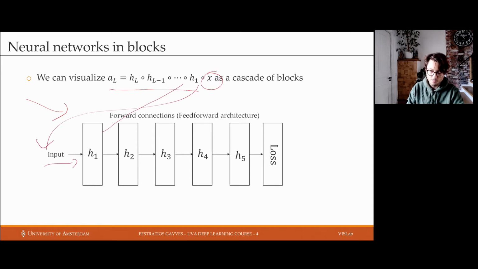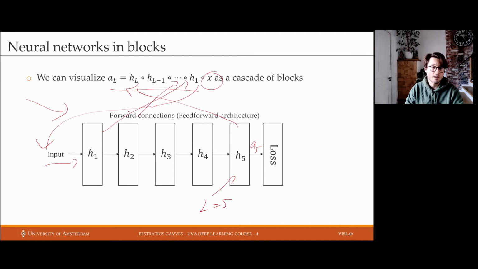The first block corresponds to our first function in our neural network definition. Then we've got the second block that receives as input the output from the first block, and so on and so forth. The last block corresponds to the last function in our neural network definition, here L equals 5, and it returns the activations a5, which are basically the predictions of our neural network.